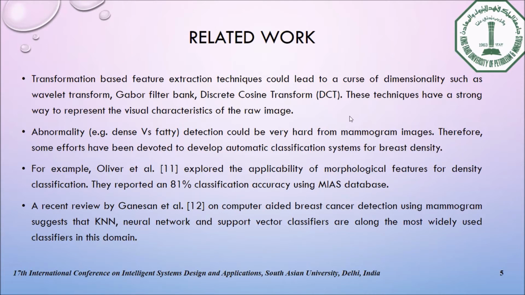They reported an 81% classification accuracy using the MIAS database. Also, a recent review by Ganeshan on computer-aided breast cancer detection using mammograms suggests that KNN, neural network and support vector classifiers are among the most widely used classifiers in the domain.